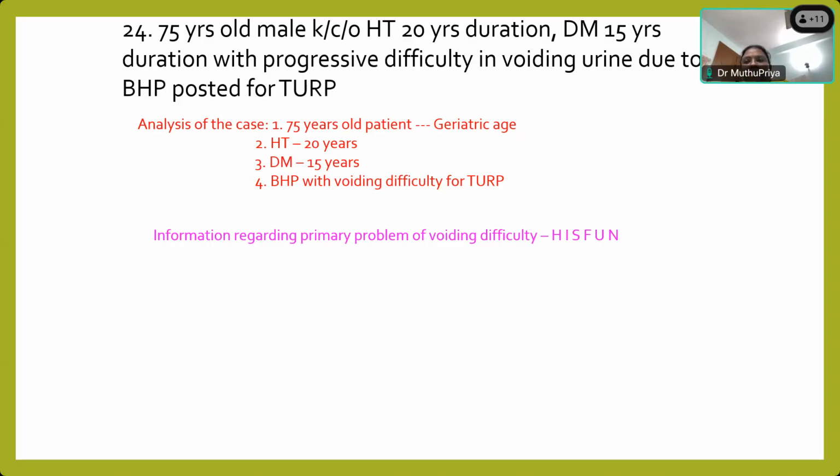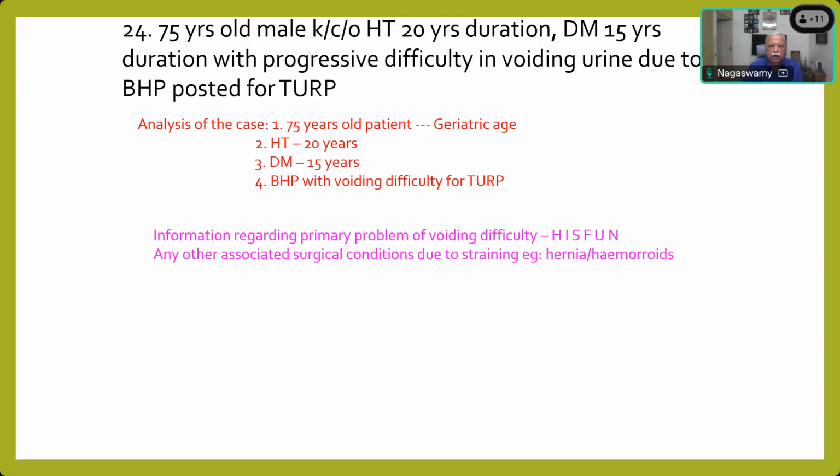U for urgency. N for nocturia. So these are all the things that you have to ask for. And these are the symptoms that have been described by the American Urological Association. These seven symptoms are the classical presentations of difficulty in voiding in TURP patients.